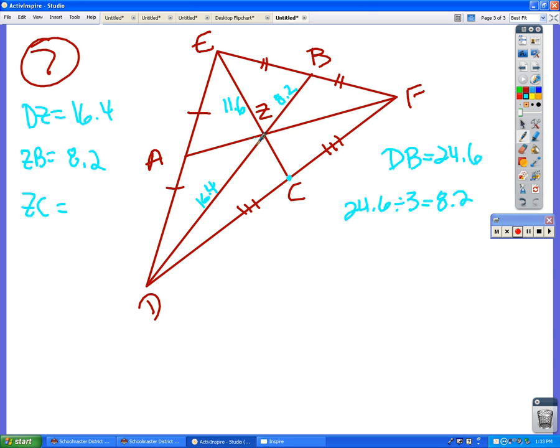Because this little guy is half of that one, so this is 5.8. And then the last one on the diagram is EC, and obviously to get that, you're going to just add those together, and that would give you what? 17.4.